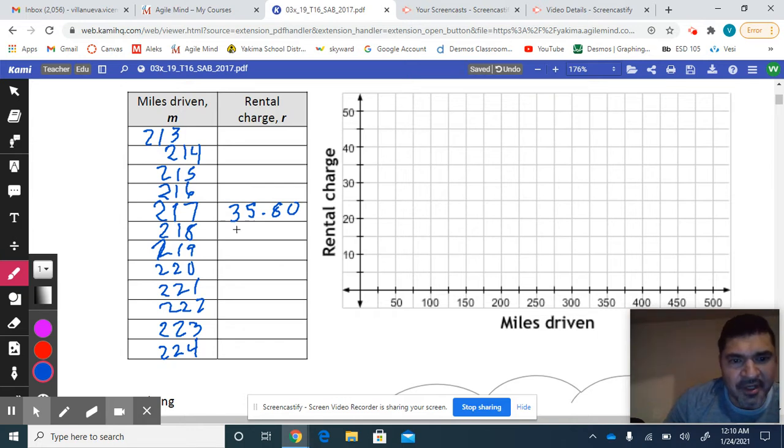So if I drove 217 miles and this was a charge, if I drove another mile, well, that's going to cost me another nickel. So what's another nickel more than 35.80? Well, that would be 35.85. And if you add another nickel for the next mile, you'll get 35.90.